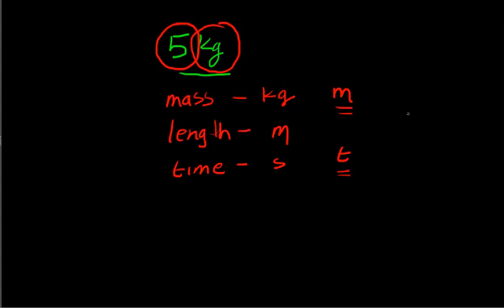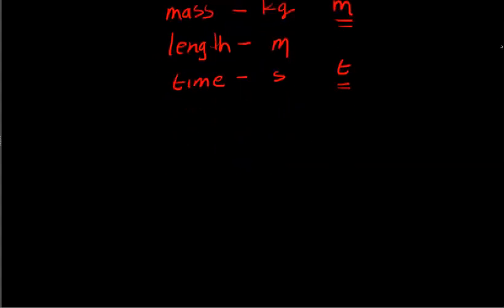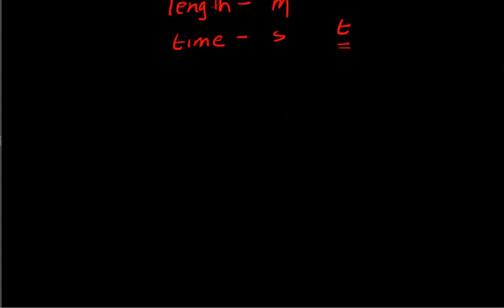Now let's see what is a vector quantity. I'm writing in short over here what is a vector quantity. These physical quantities require the magnitude as well as the direction to express them. Then only their meaning is complete.